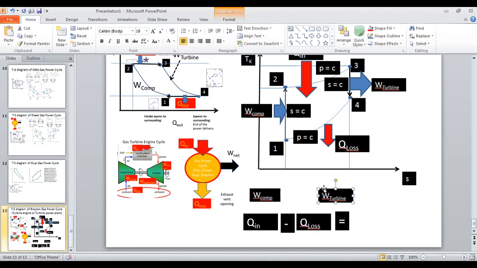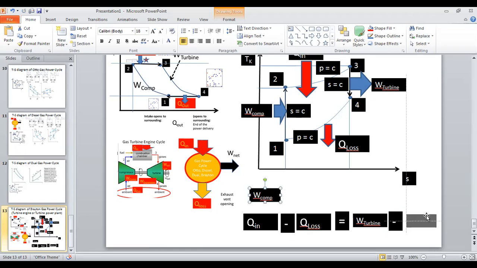Net work done. So W turbine minus W compression.